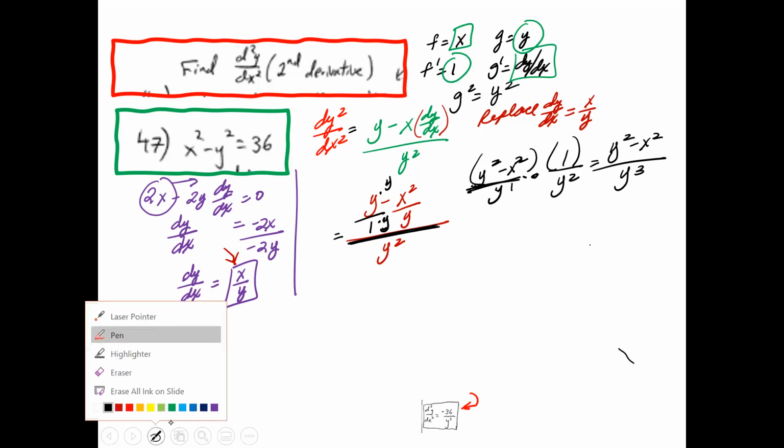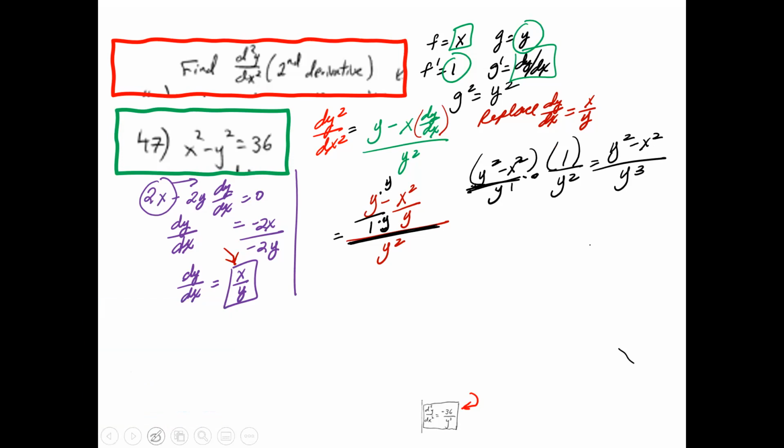But what you can do is simplify this because you do know that x squared minus y squared is equal to 36. So if I could get it to look like x squared minus y squared, then I can replace 36. Unfortunately, I would have to factor out a negative 1. So I get a negative y squared plus x squared over y cubed.